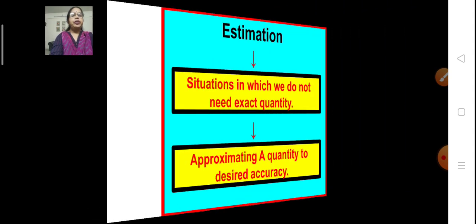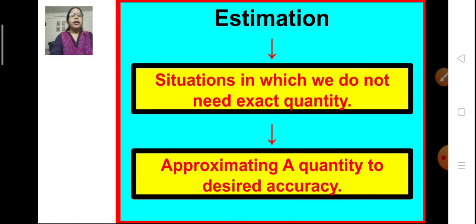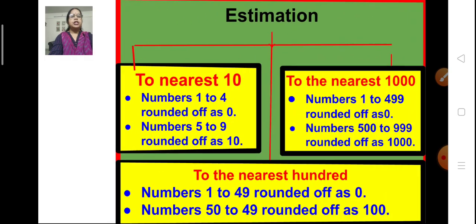So how do we do the estimations? Situations in which we do not need exact quantity, the estimation will do. So what is estimation? It is guessing or finding an approximate quantity or number which is almost near the accurate number.